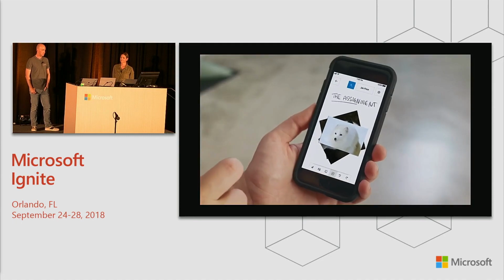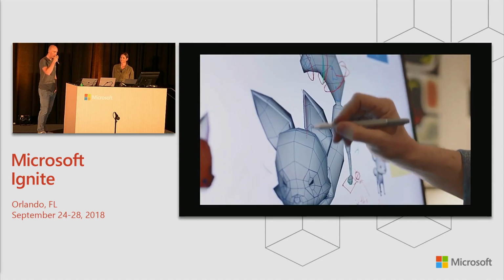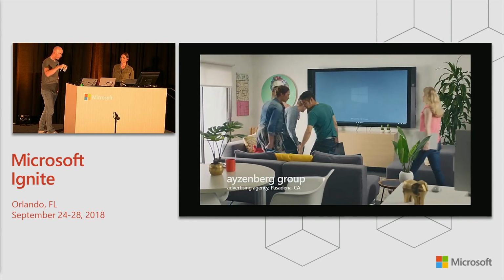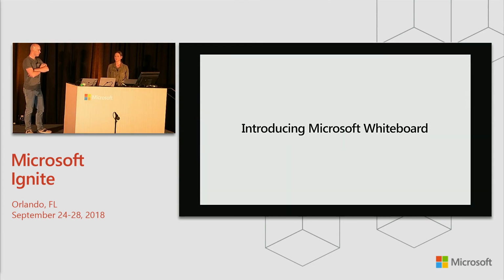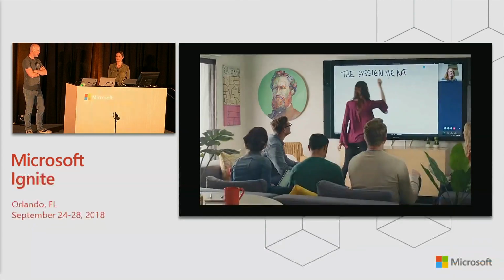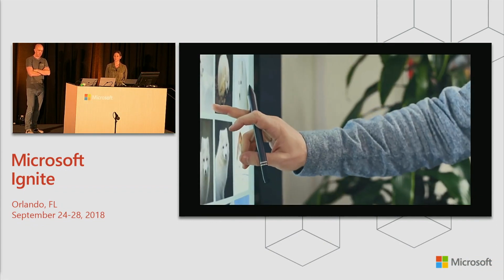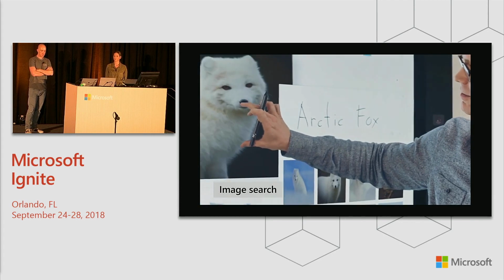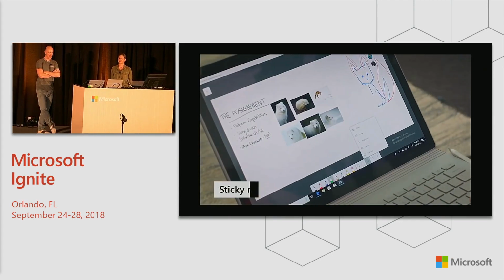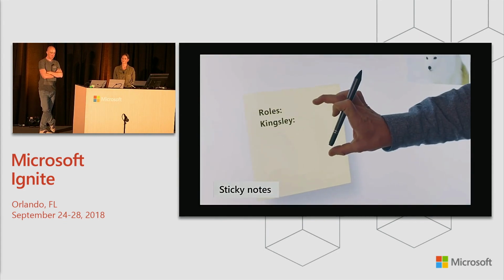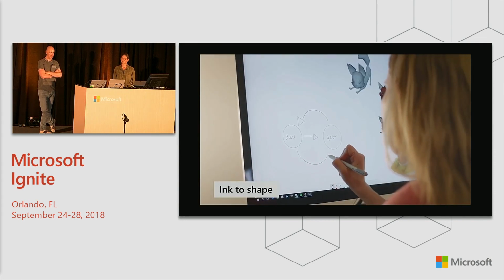Our imagination comes alive with a place to play, and the whiteboard is a space to bring our ideas to life. What if we could bring the whiteboard into our digital world and create together in completely new ways? Introducing Microsoft Whiteboard, a new app designed to bring the collective power of the group to life. As an ad agency, Whiteboard allows us to share our ideas from anywhere instantly. It's become a natural extension of how we work today. Draw, type, add an image or a note. Watch your ideas take shape.